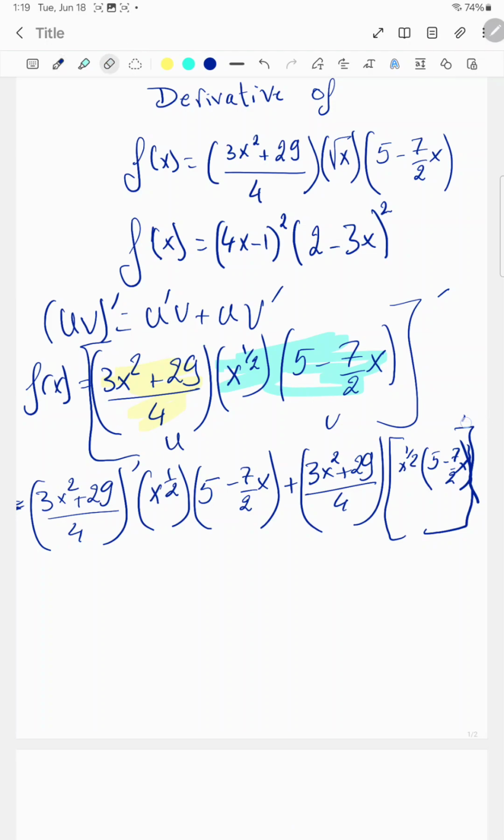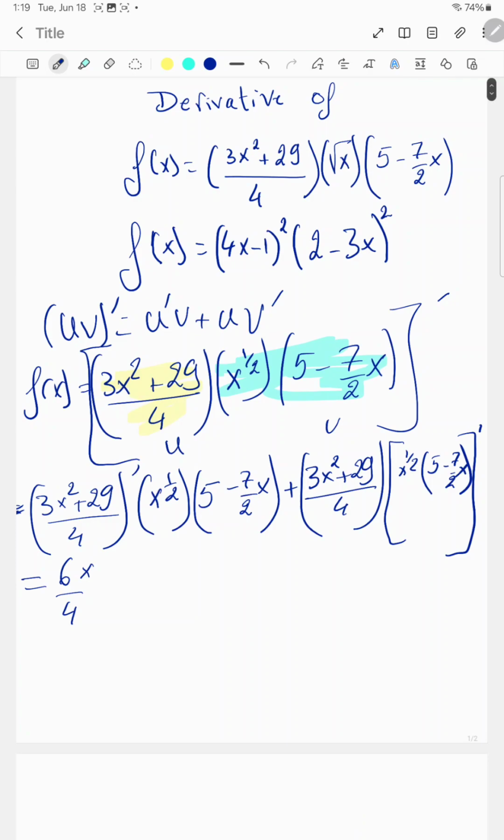Okay, so for (3x squared plus 29) divided by 4, the derivative of this is 2 times 3 is 6x divided by 4, times x to the power 1/2, which I will keep as the square root of x, times (5 minus 7 over 2x), plus my u stays the same, (3x squared plus 29) divided by 4.